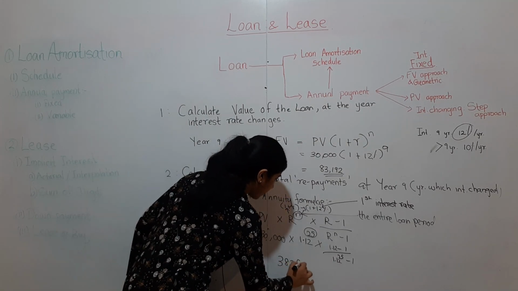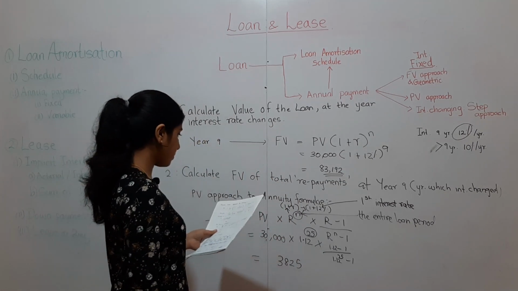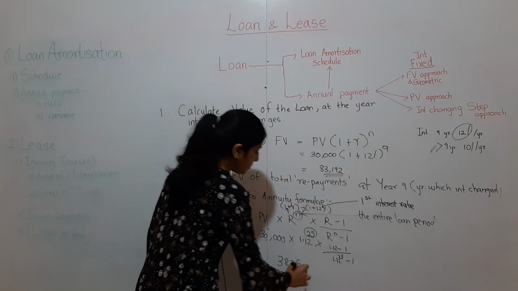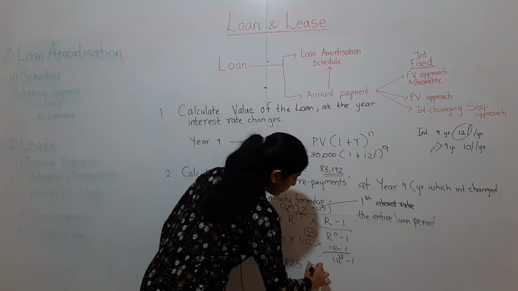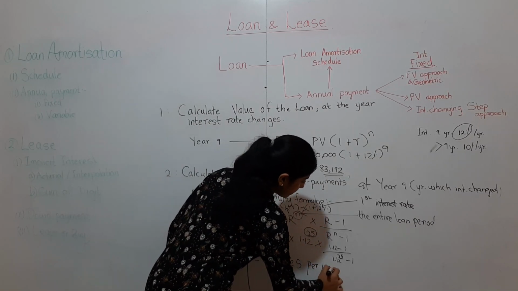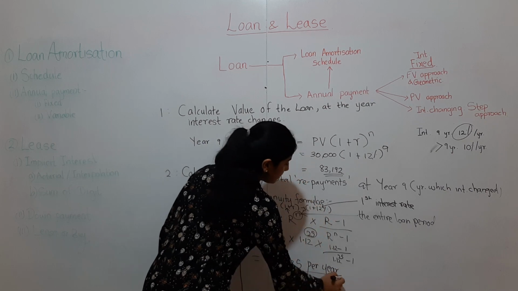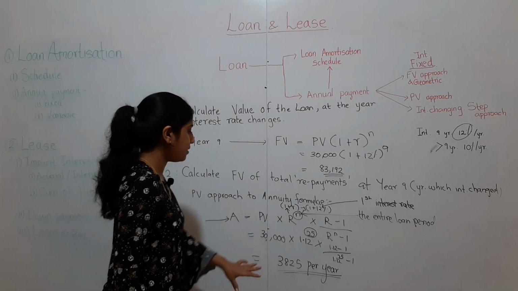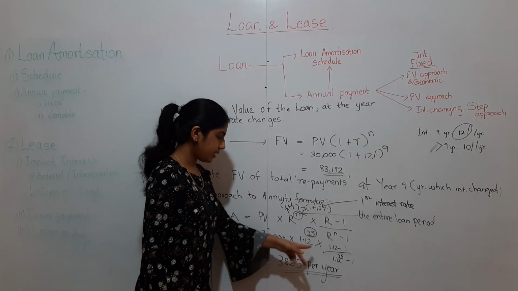In that case, if you solve this, you get 3,825. And is this per month or year? Per year. Why did I say it is per year? Even though we spoke of this as a monthly repayment, why did we say it's a year?